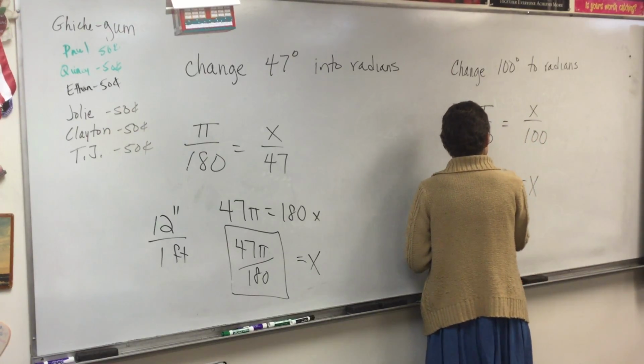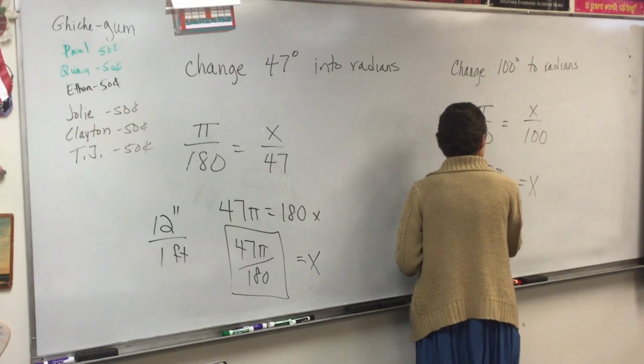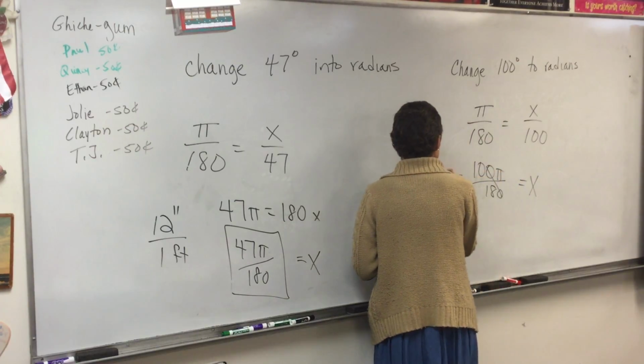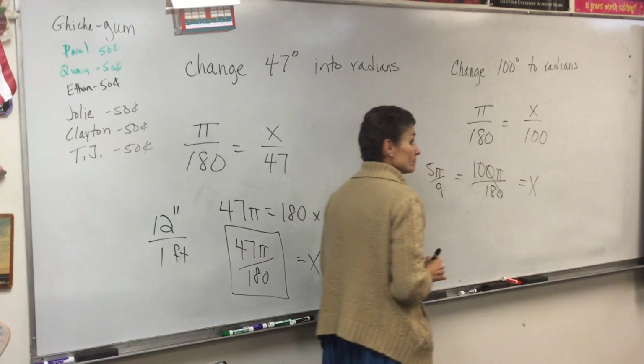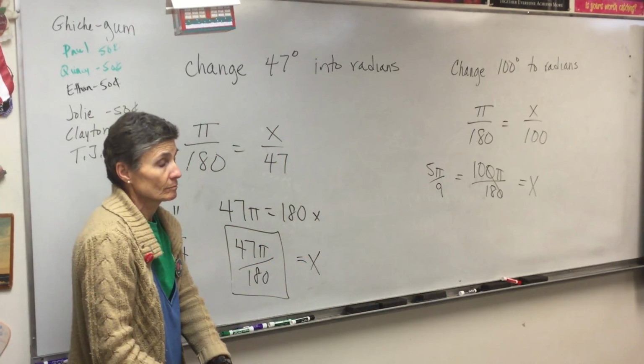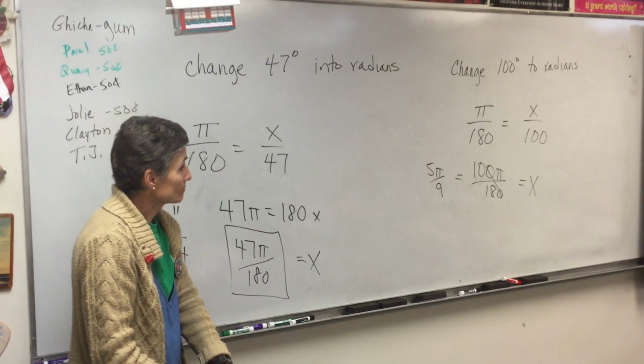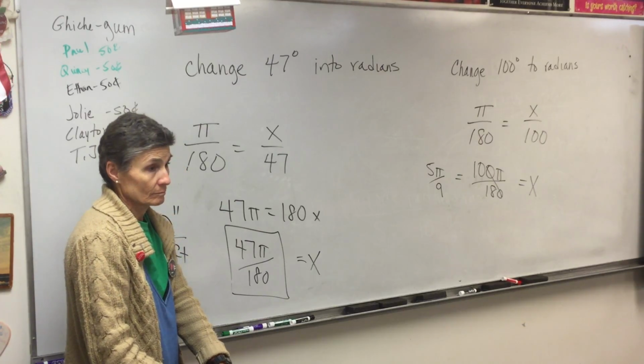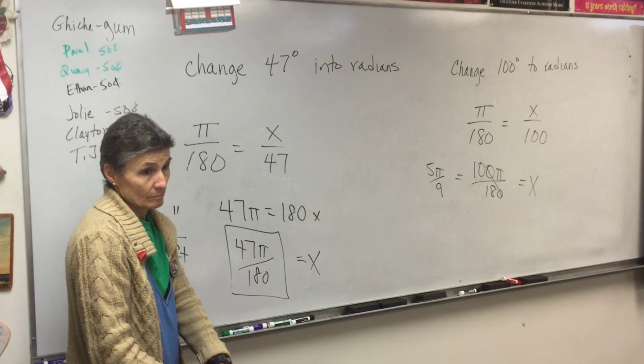So you get 100 pi over 180, which reduces to 5 pi over 9. Everybody get that?